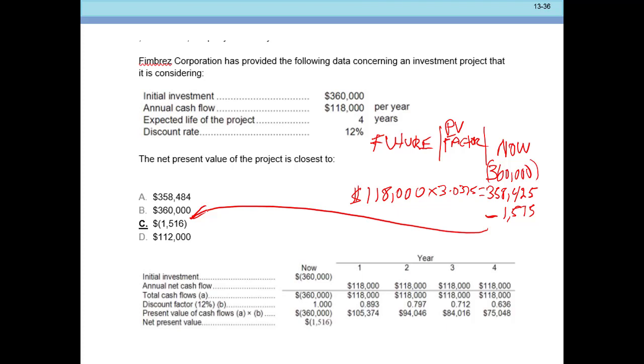Now, why is there a difference? Because the textbook used rounded figures instead of the ones that we drew out for longer decimals. The other thing that the book did, although that's not the reason for the difference, is they discounted the cash flows one payment at a time. So they went up and picked up the present value of a dollar factor for 1 year, 2 years, 3 years, 4 years, and then multiplied each one of them out individually.